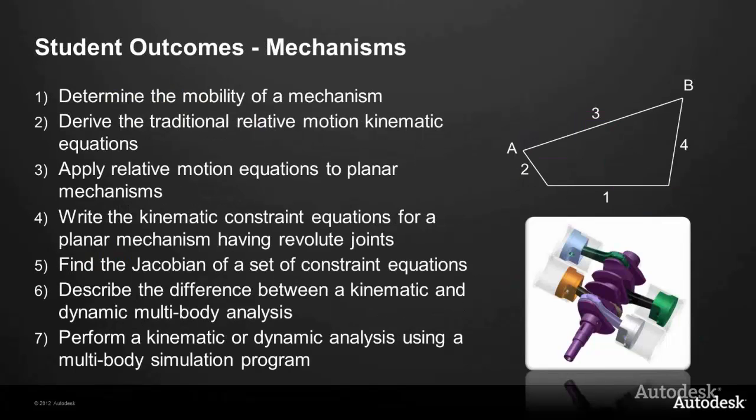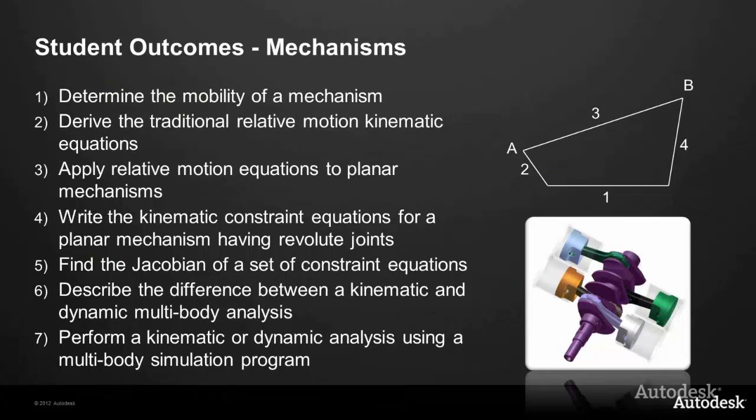The outcomes associated with the mechanisms portion of this course are a mixture of the historical mechanism content and that associated with multi-body dynamics. They are able to determine the mobility of a mechanism. This is certainly applicable to both the traditional and the multi-body dynamics approach. They're able to derive the traditional relative motion kinematic equations.